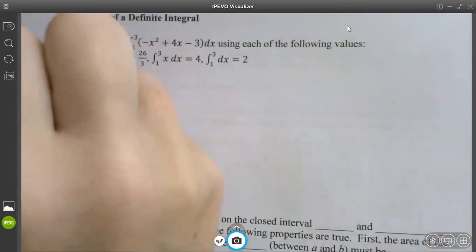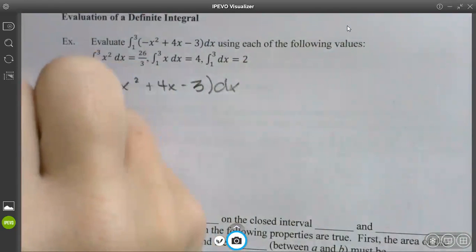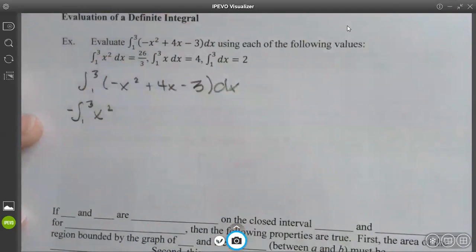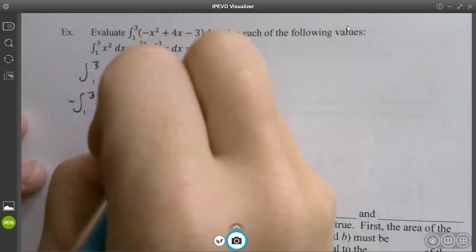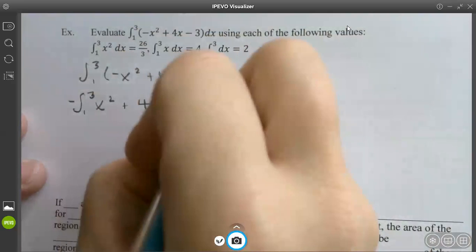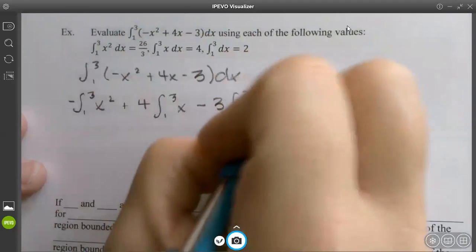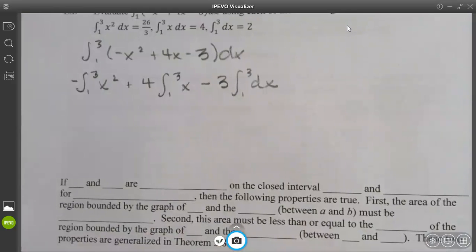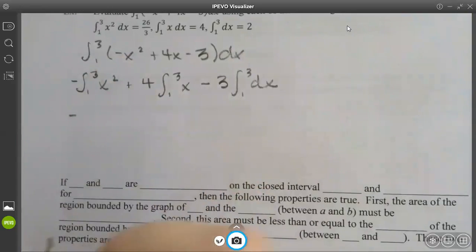So the integration from 1 to 3 of -x squared plus 4x minus 3 dx. We're gonna split it up into the negative integration of 1 to 3 of x squared. You said I can take the 4 out, integration 1 to 3 of x, minus, if I pull the 3 out, the only thing I have here is that dx. So it's just like having a 1. So what did they say the integration from 1 to 3 of x squared was?